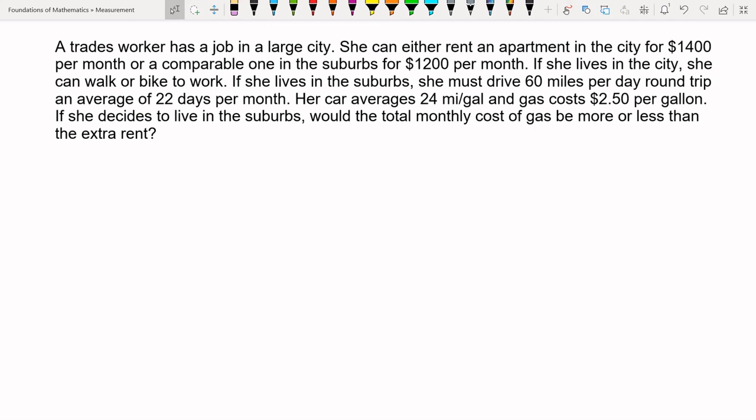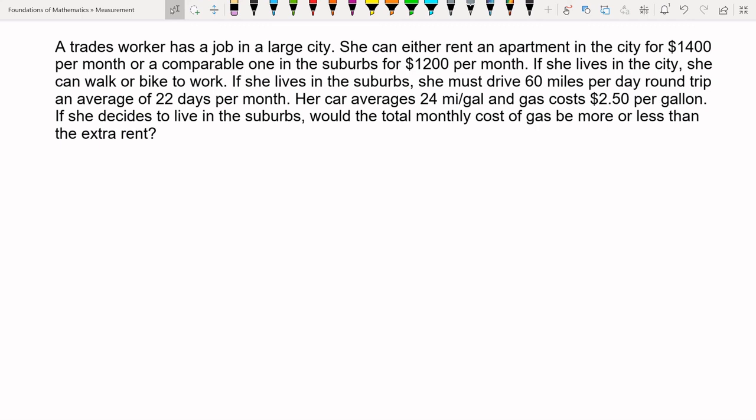Okay, for this problem we have a lady trying to figure out if it's better to rent an apartment in the city or one in the suburbs. If she lives in the city, she can walk or bike to work, and if she lives in the suburbs, she has to drive.